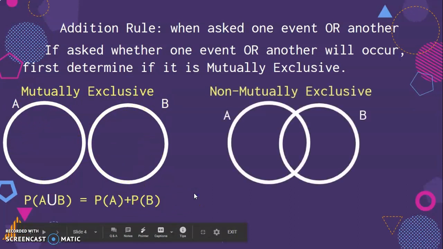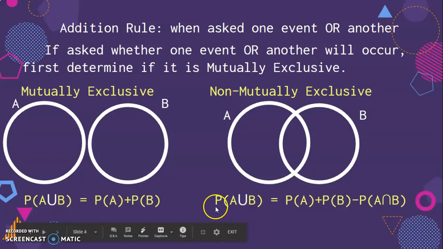Now with non-mutually exclusive events, here I represent that with an overlapping Venn diagram. So this would say we have some information inside here that represents the and. So A, B, and A and B. So here it's a little bit more complicated. So the or, A or B, probability of that is the addition of A and the probability of B, but we subtract that and.